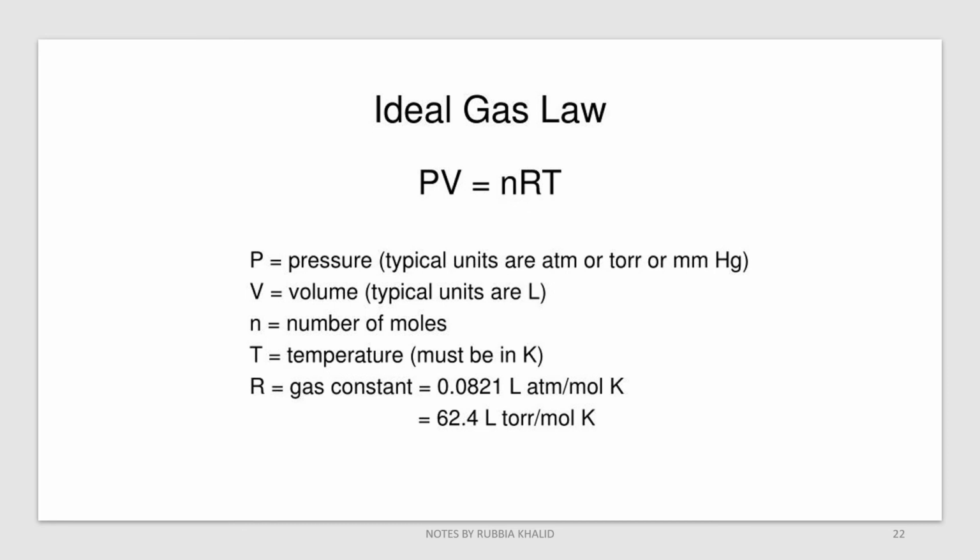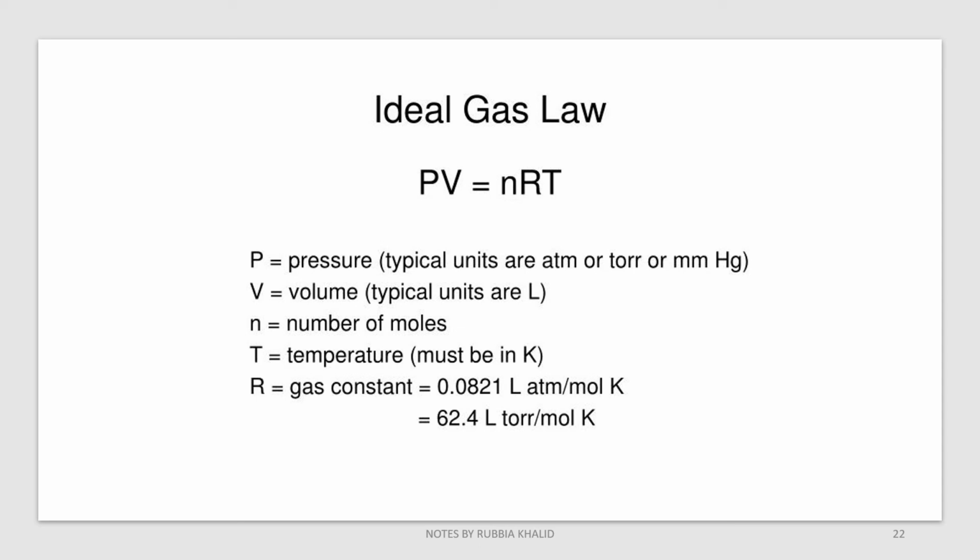Let's look at the equation of ideal gas. Ideal gas law states that PV equals nRT, where P is the pressure. Typical units are atm or torr or mm of mercury. V is equal to volume. Typical units for volume is liters. n is equal to number of moles. T is temperature, which must be in Kelvin.